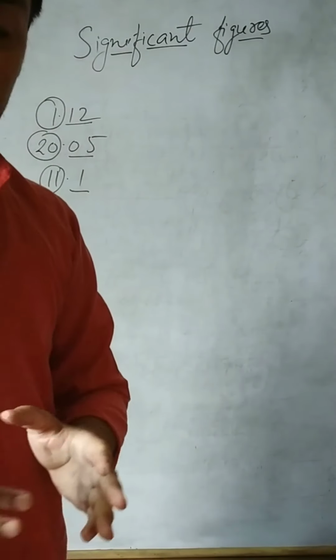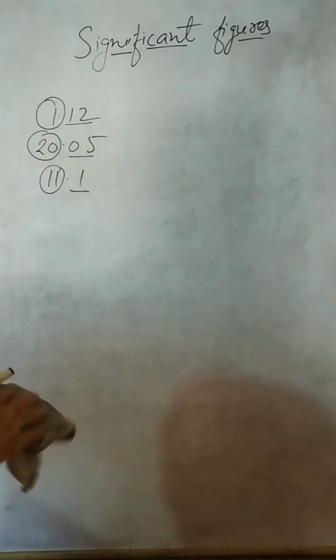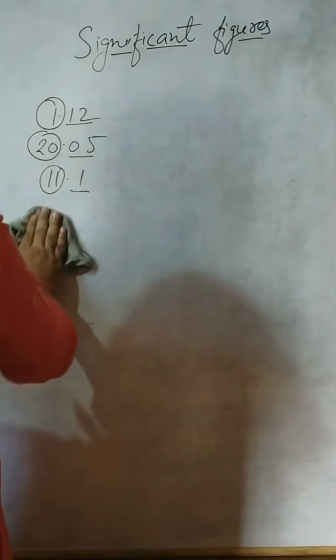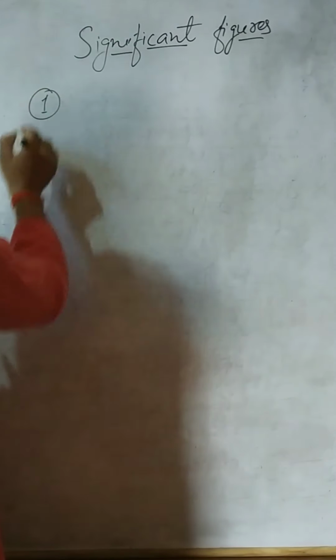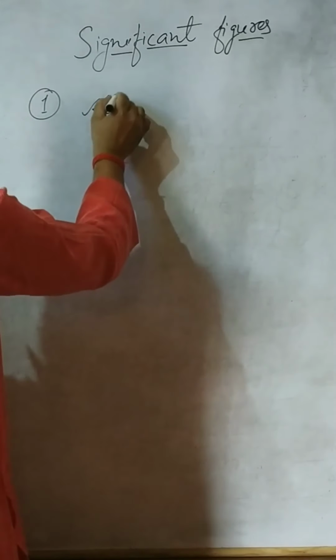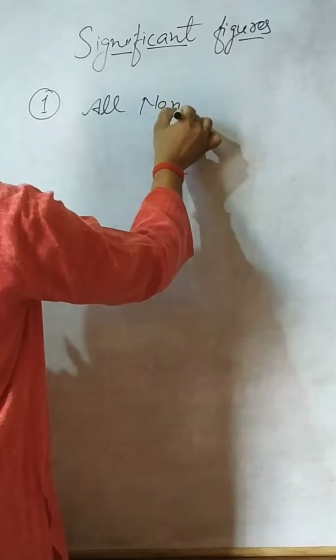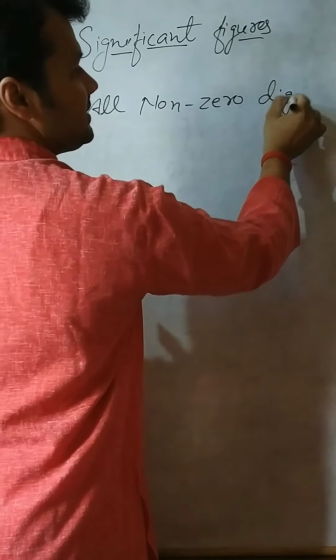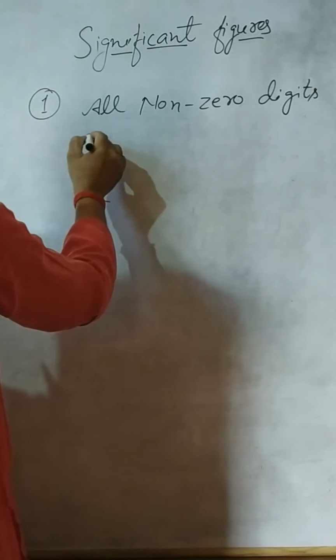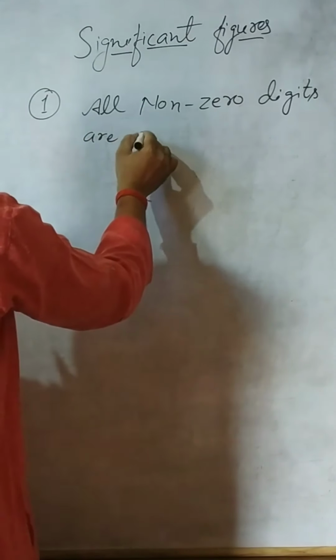There are some rules to calculate the significant figures. Let's see what the rules are. The first rule is: all non-zero digits are significant figures.